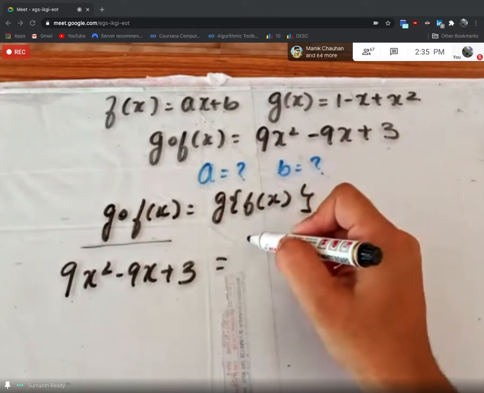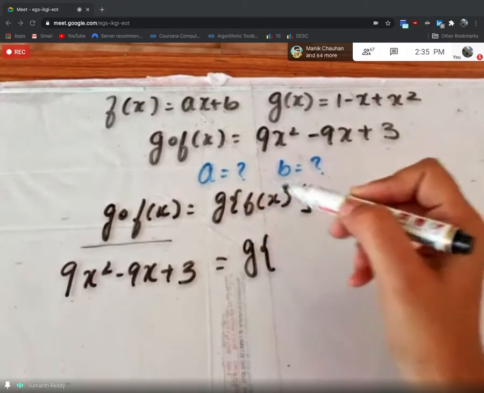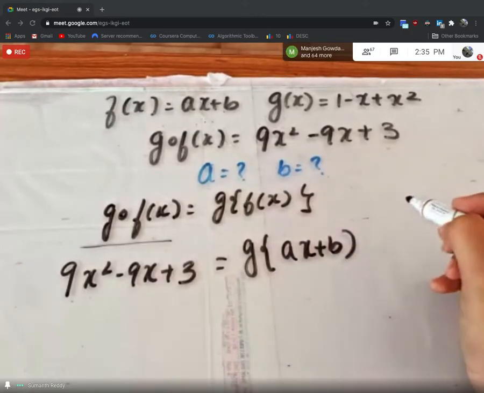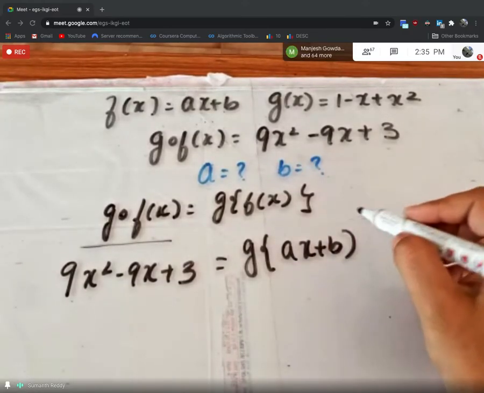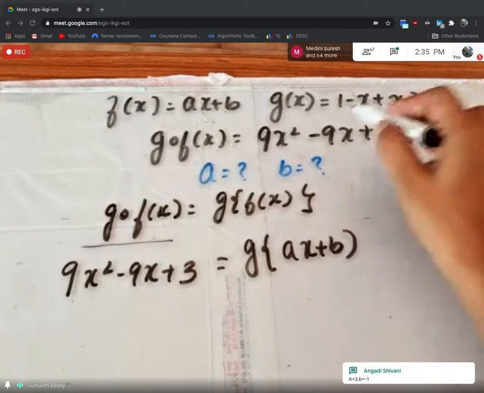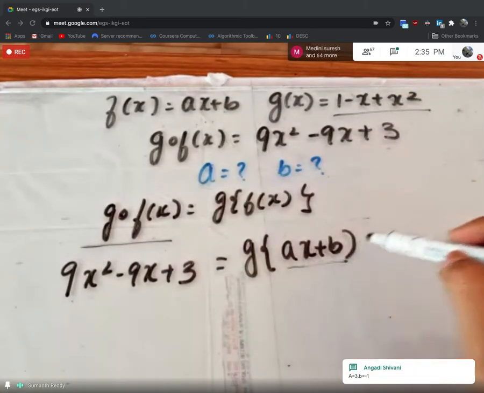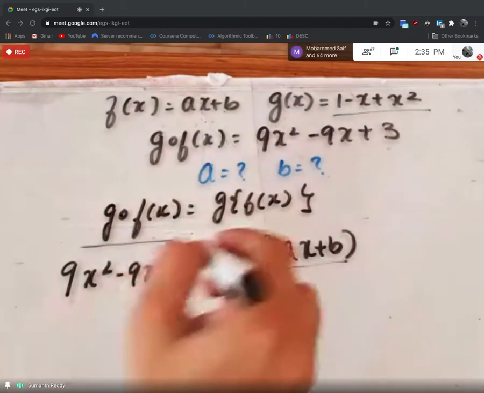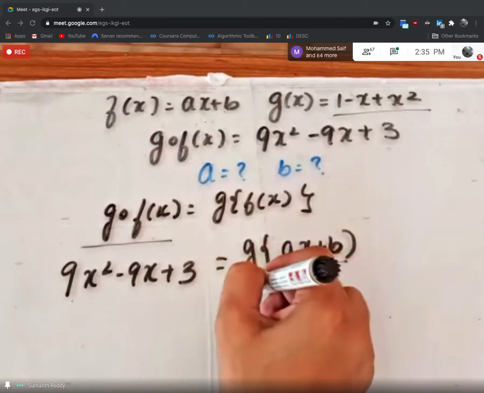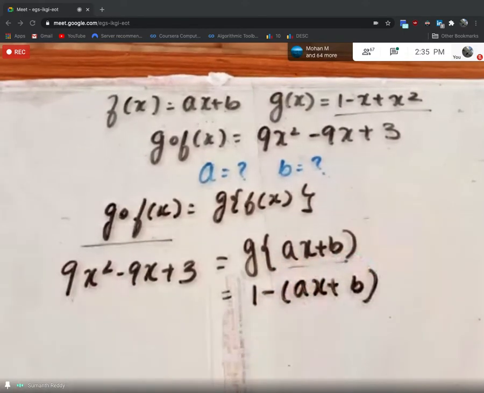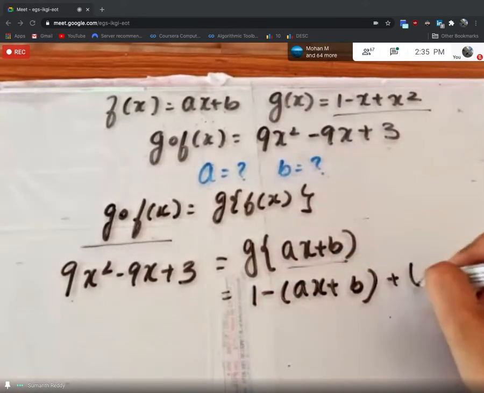This will be equal to g applied upon f of x, where f of x is ax plus b. The definition of g of x is 1 minus x plus x square. In place of x, I just write ax plus b. So this will be equal to 1 minus of ax plus b plus ax plus b whole square.